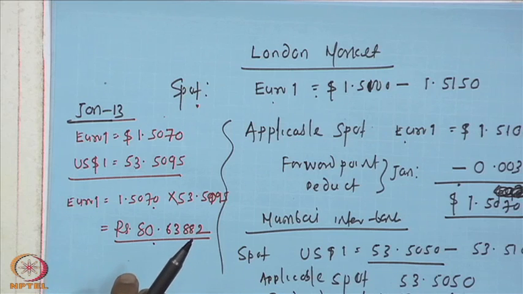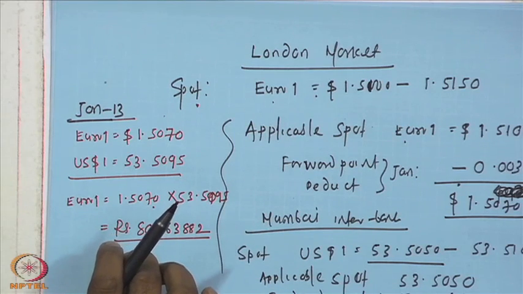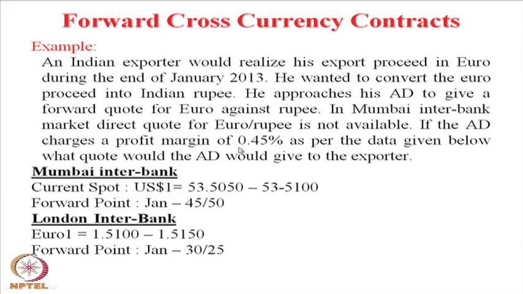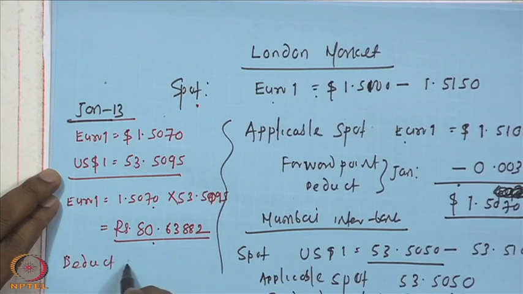Now, this is the rate only, but here the authorized dealer adds a commission, 0.45 percentage. You have to deduct the commission, because you are giving a quote for the exporter. So, deduct the commission or profit margin.